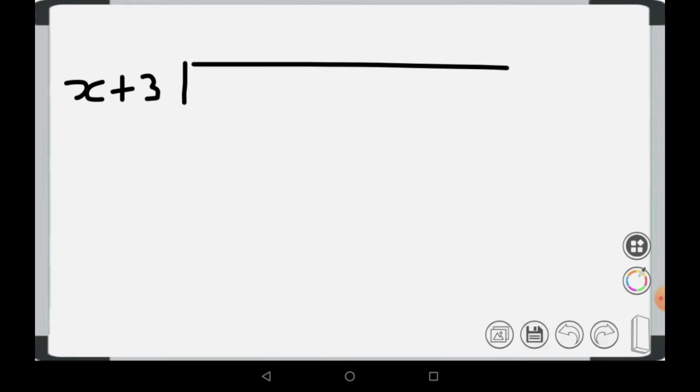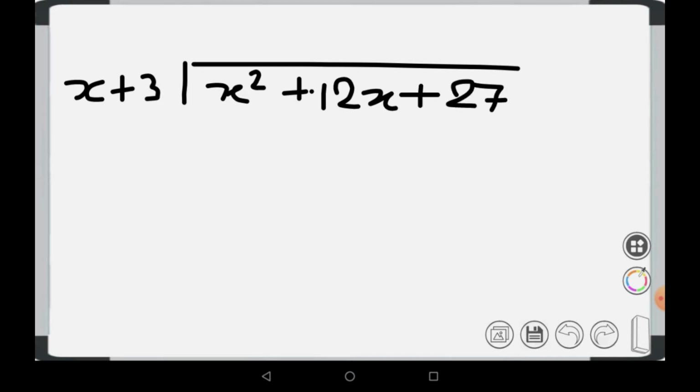Suppose we take a divisor, in our case x plus 3, and we want to divide a polynomial, that is x square plus 12x plus 27, with it. Now the first step in division is we have to look at the first term of both the polynomials.